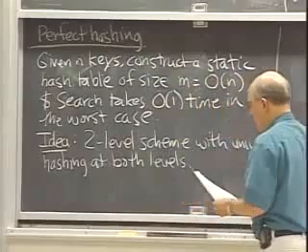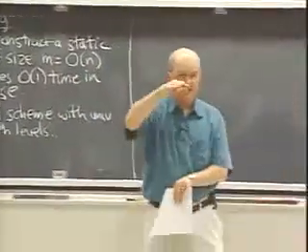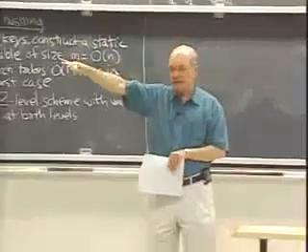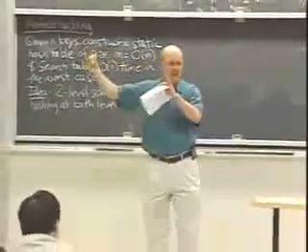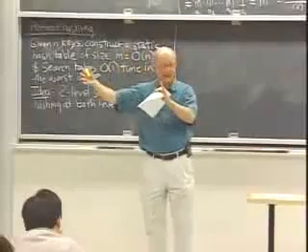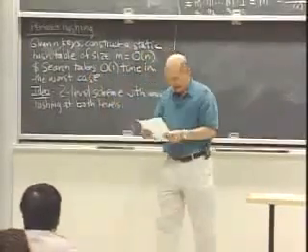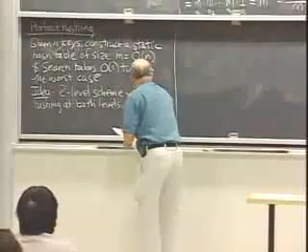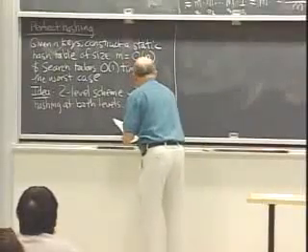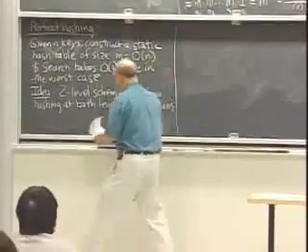So the idea is we're going to have a hash table, we're going to hash into slots, but rather than using chaining, we're going to have another hash table there. We're going to do a second hash into the second hash table. And the idea is that we're going to do it in such a way that we have no collisions at level 2.